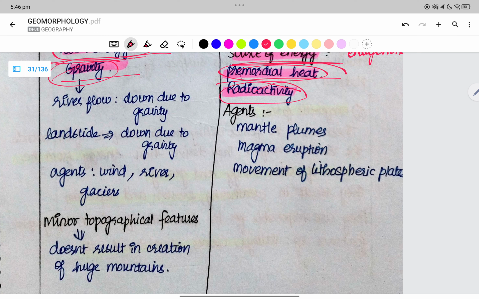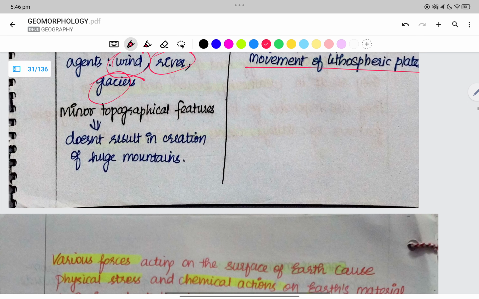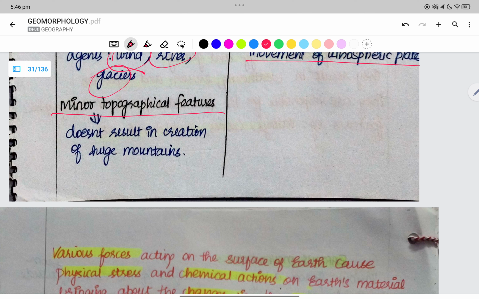The agents here are mantle plumes, magma eruption, and the movement of the lithospheric plates. The exogenetic forces result in minor topographical features, and the endogenetic forces result in major topographical features.